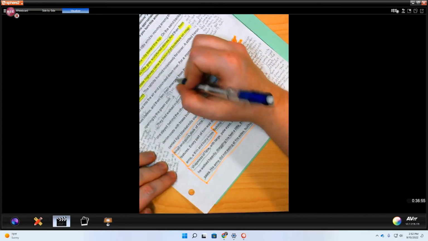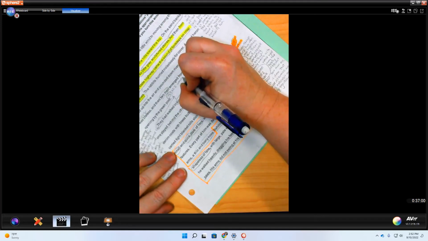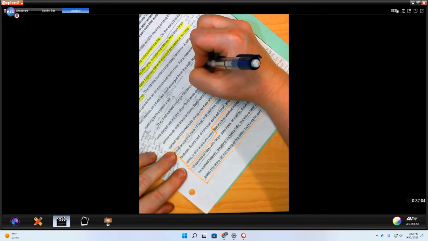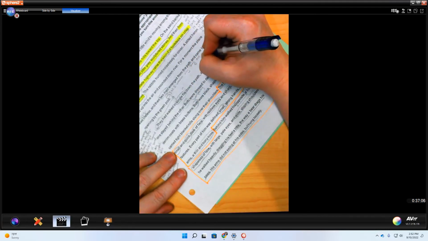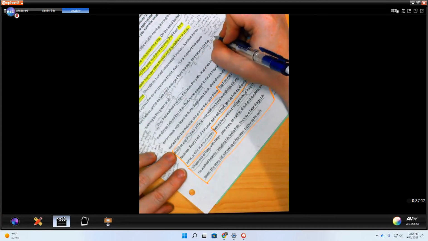And then for number 2, I'm just going to say, I wonder why they are walking like this.